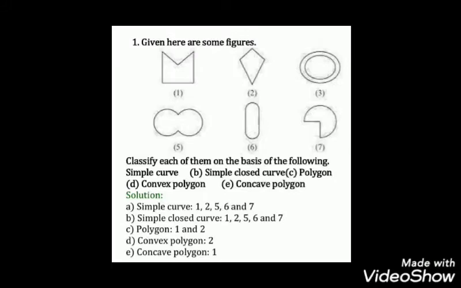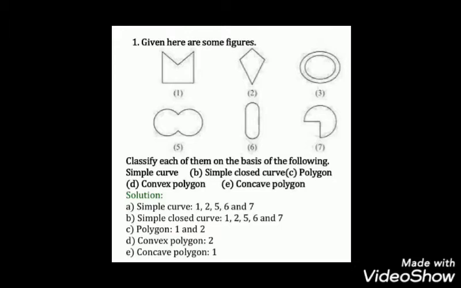Simple closed curves, it must be closed, that is the starting and ending point must be same, that is 1, 2, 5, 6 and 7. Same, isn't it children? All are same simple closed curves. Polygons which one? 1 and 2 are polygons children. Then all they are not polygons.